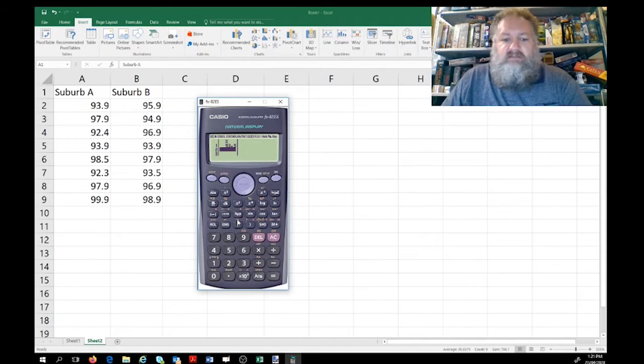I'm just wondering if I can use my keyboard to make this quicker. 97.9, and we'll hit equals. 92.4, equals. 93.9, equals. 98.5, equals. 92.3, equals. 97.9, equals, and 99.9, equals.